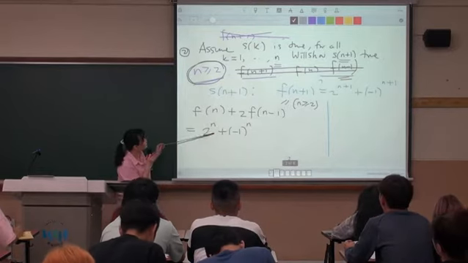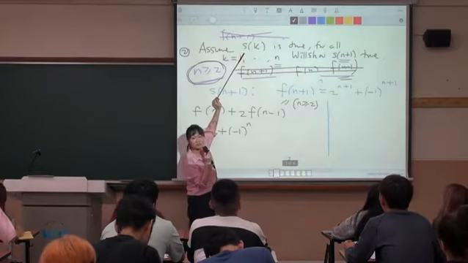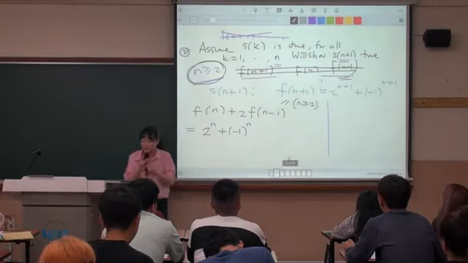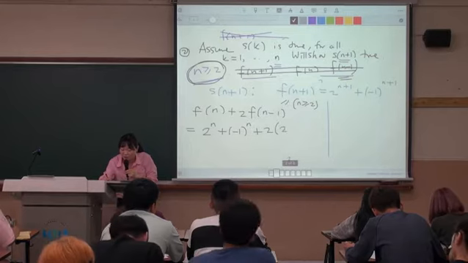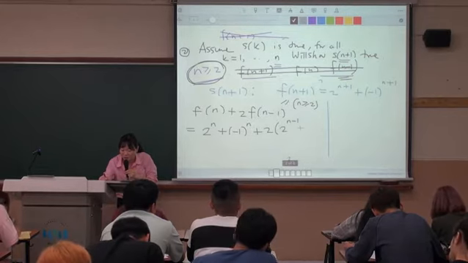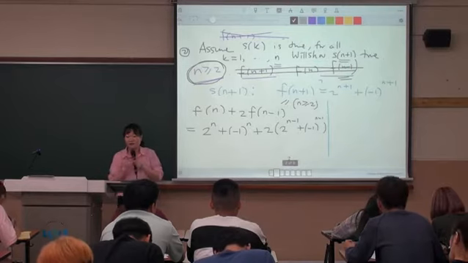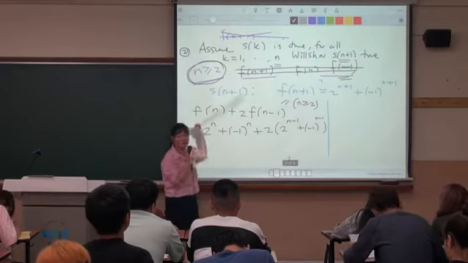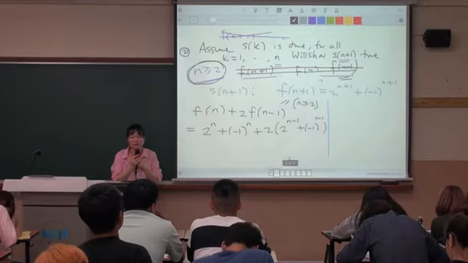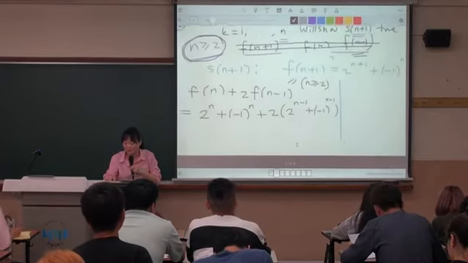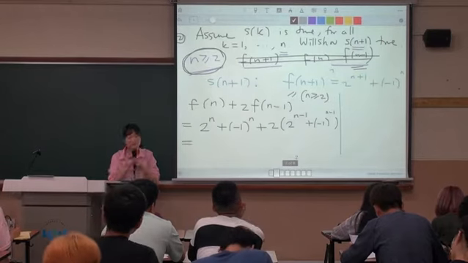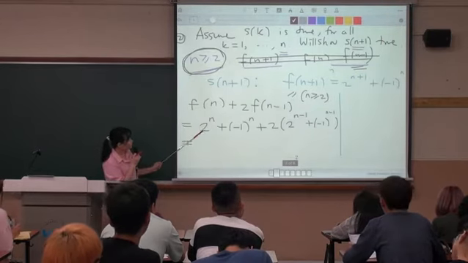Because we assume this is true for k equal to n, plus 2 times what? 2 to the n minus 1 plus minus 1 to the n minus 1. Why? Again, by our assumption. Is this okay? So here I get 2 to the n.